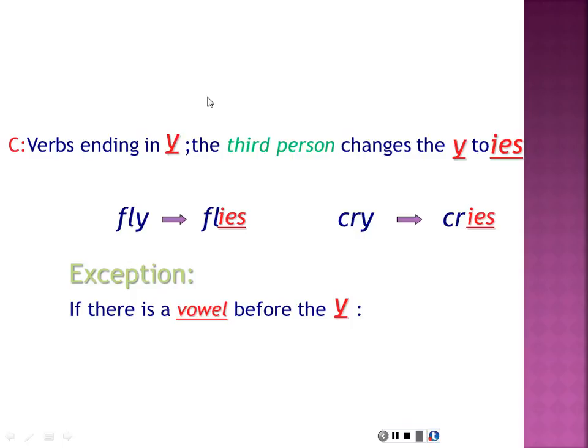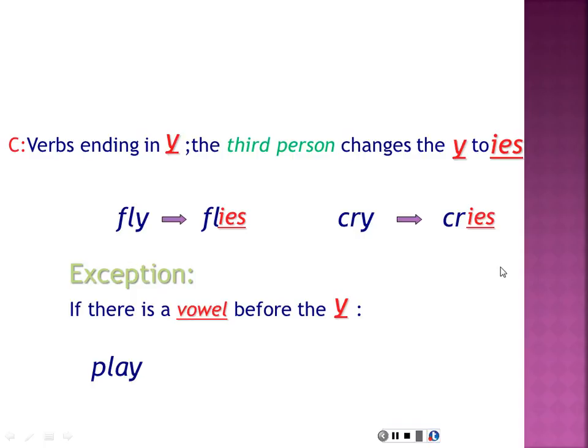What are the vowels? Do you remember the vowels? In English we have 5 vowels: A, E, I, O, and U. If one of them, أحدهم, comes before the last letter when it is y in verbs, we don't change y into i.